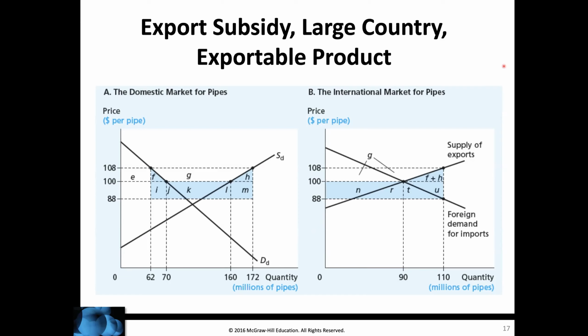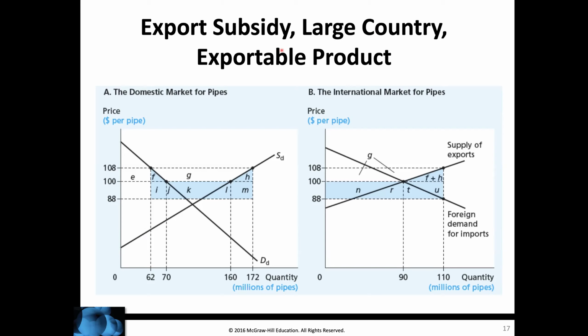In the previous figure on the prior slide, we saw that a small exporting country harms itself by offering an export subsidy to its competitive exporting industry. That small country was not able to affect the world price by its exports because it's so small. However, what about a large country?